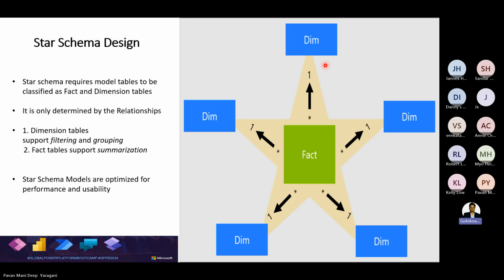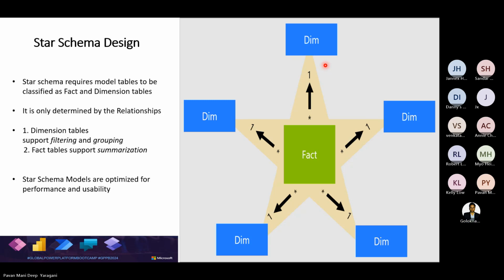You have one central fact table, and you have the joining dimension tables. The dimension table contains the filtering and grouping conditions, while the fact table will have the summarization columns.